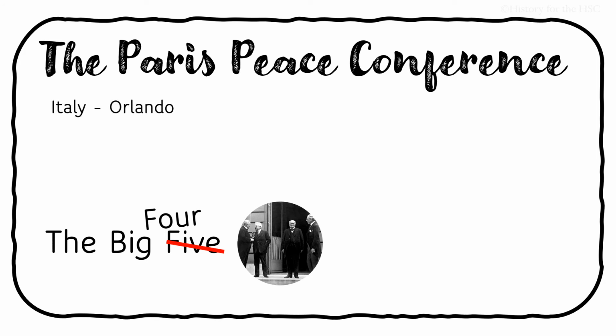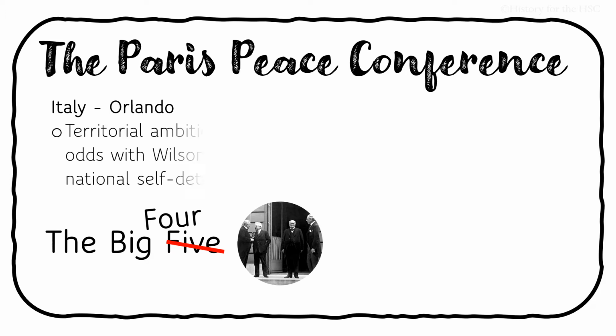However, Italy, much like Japan, is not successful in gaining their territorial ambitions during the Paris Peace Conference. And the main problem they had is that their territorial ambition came at odds with President Wilson of the United States' desire for national self-determination.